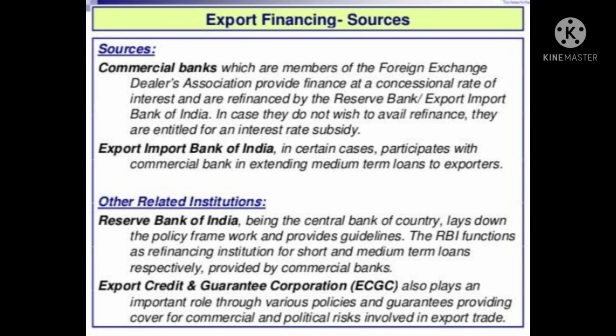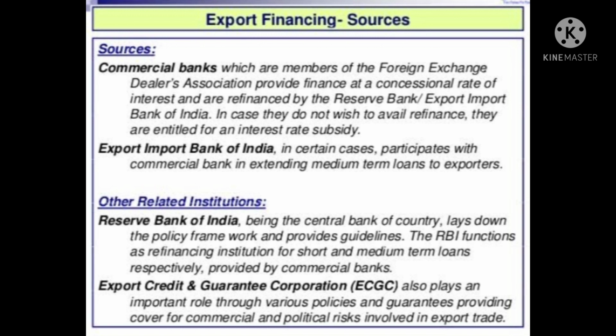So, if funds are required by commercial banks earlier, they can get them refinanced by the Reserve Bank or Export Import Bank of India. In case they do not wish to avail refinance, they are entitled to get an interest rate subsidy.